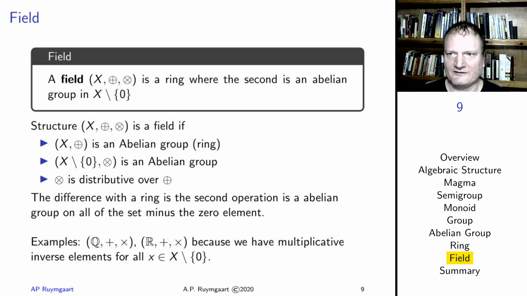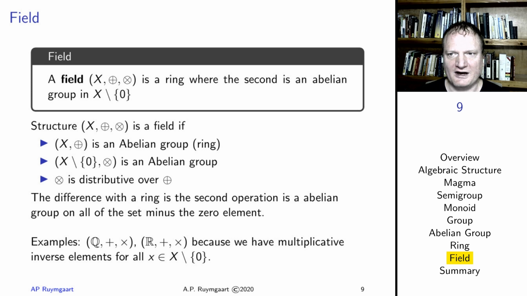So we defined the set difference before, so it's an abelian group on X minus the zero element, denoted with this backslash notation here. Now, examples of fields are the rational numbers and the real numbers under addition and multiplication.